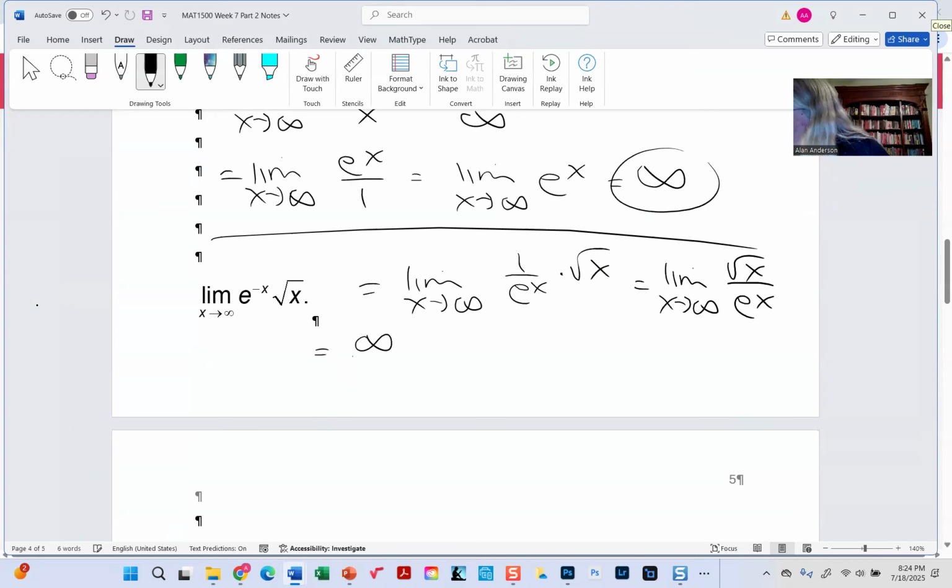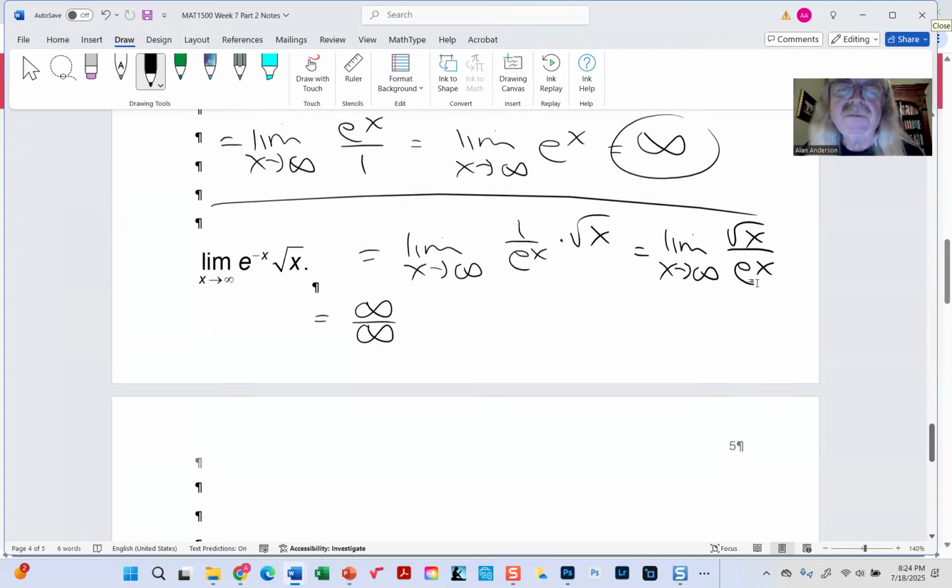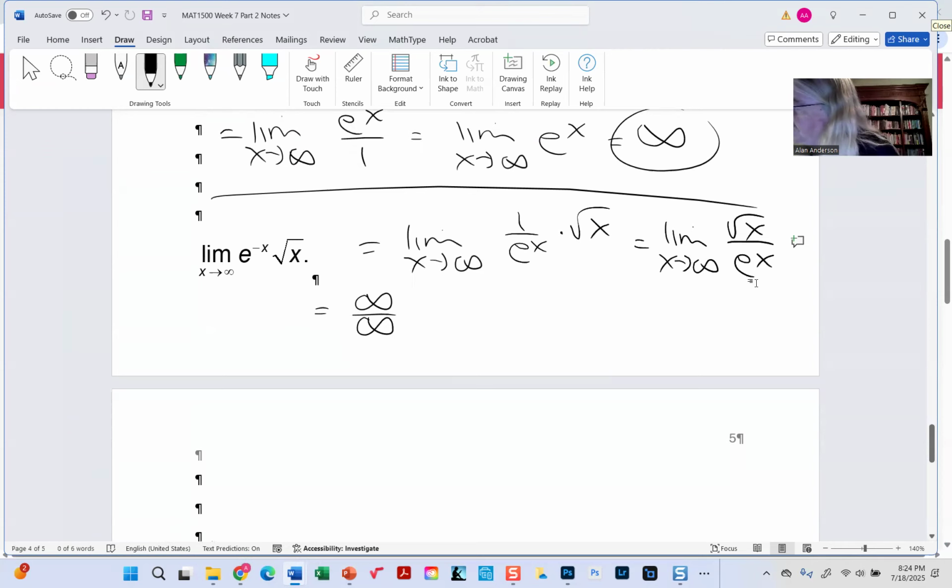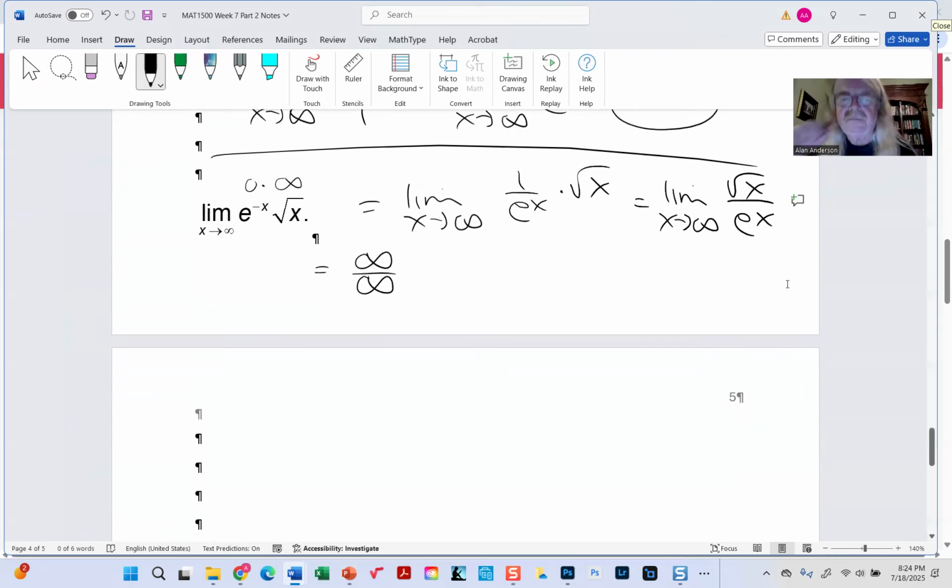This is infinity over zero. Oh no, sorry, it is infinity over infinity. Okay, so in other words, the point of this one is that if you rewrite it the way I've done it here, it's now possible to use L'Hopital's rule. Whereas over here, zero times infinity.